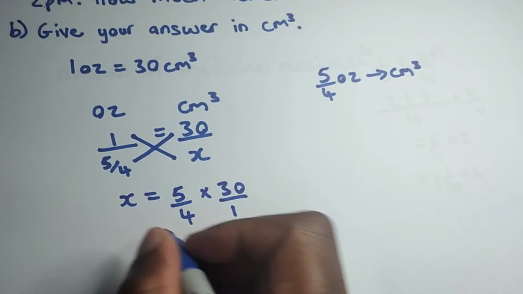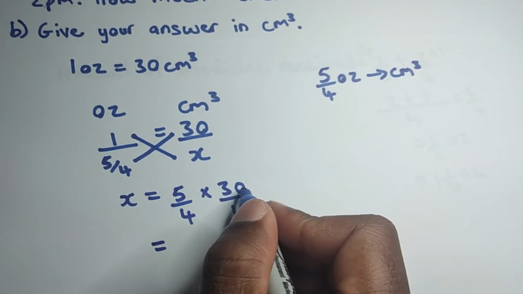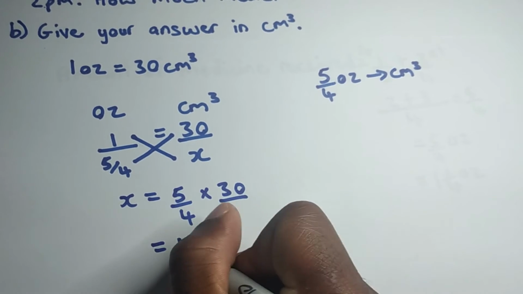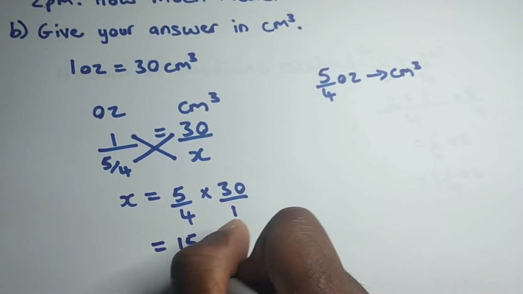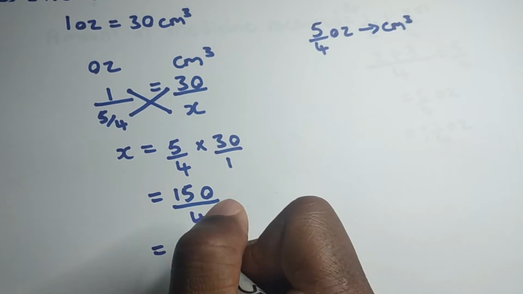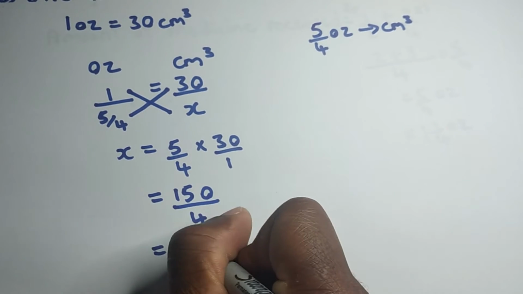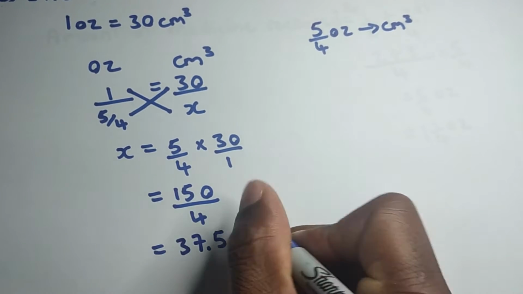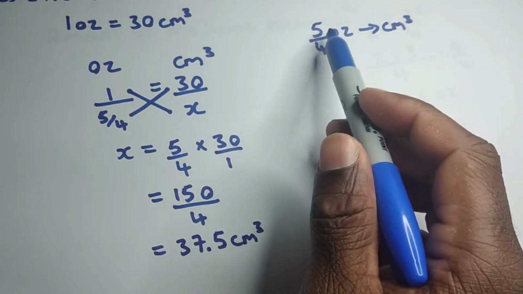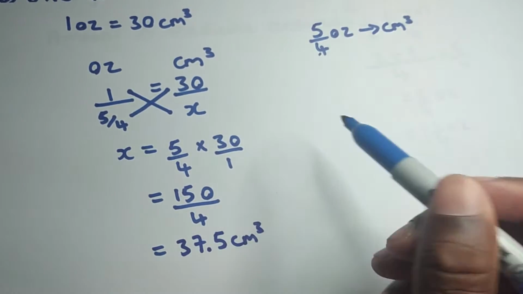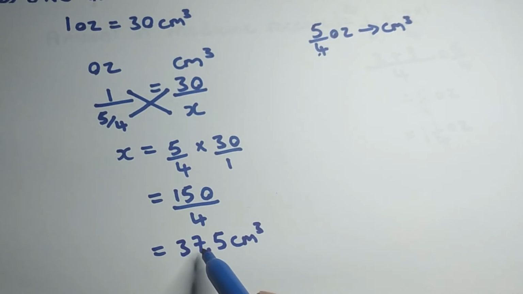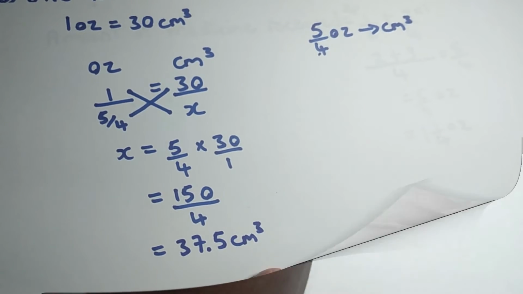So 5 times 30, that's 150, over 4 times 1, which is 4. So 150 divided by 4 will give us 37.5 centimeter cube. So if we convert the 5 over 4 ounce to centimeter cube, or cubic centimeter, we'll obtain 37.5 centimeter cube.